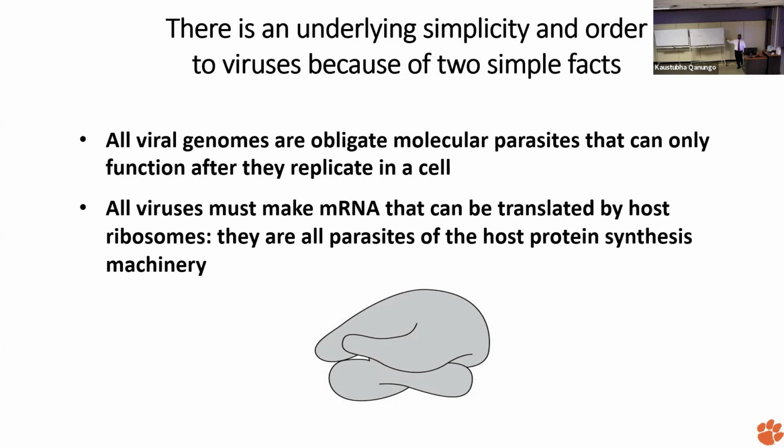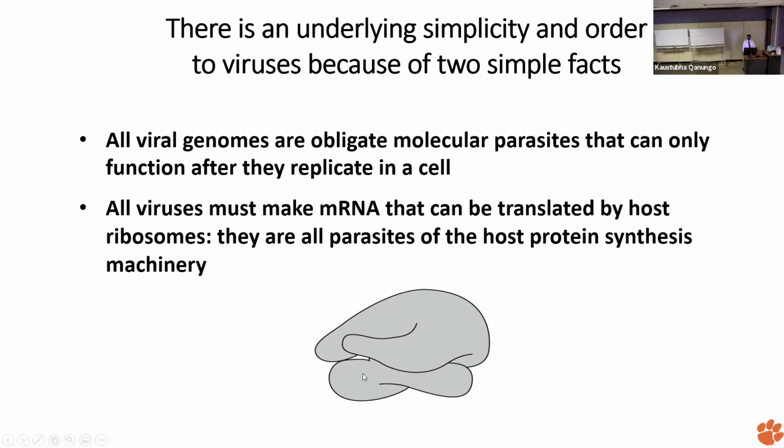Other than that, it is a complete chemical entity. We talked about that. And all viruses must make messenger RNA that can be translated by the host ribosomes. They are all parasites of the host protein synthesis machinery.